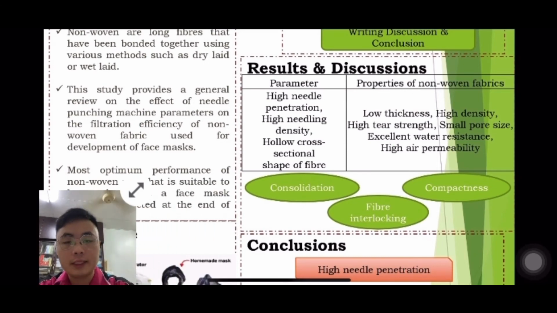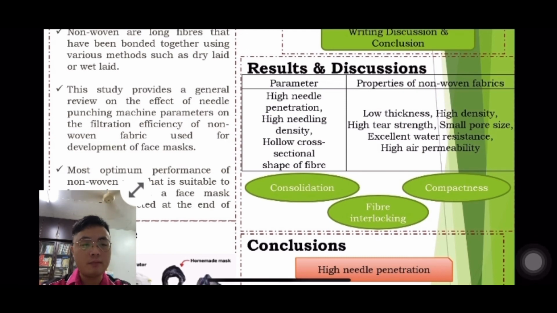So now we look at the results and discussions. As you can see, with the various parameters of needle punching machines and fiber cross-sectional shape, changes in the physical properties and filtration performance of non-woven fabrics occur.